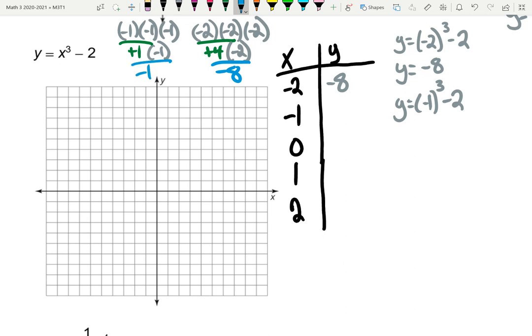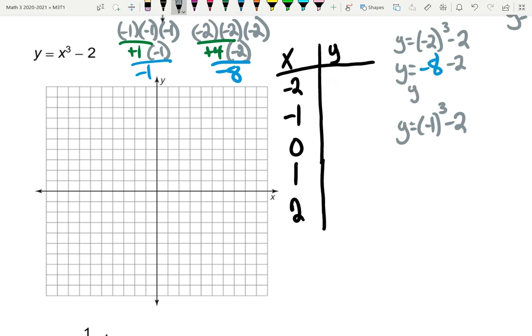Multiply those two together, gives me a product of -1. Oops, I did forget in that first one, and I'm going to go back. Notice how it's also minus 2. So it's actually going to be -10.